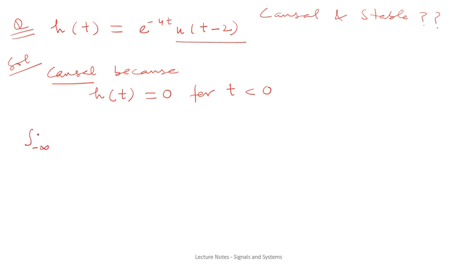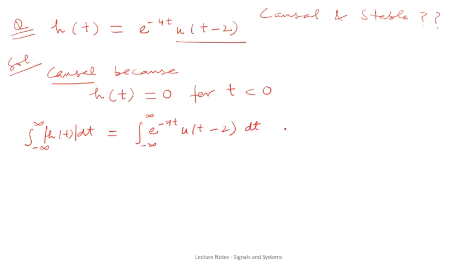Okay, now you have to check for the stability. So for stability, you have to calculate the integral of h(t) dt, and that must be finite. So you write this e raised to the power minus 4t u(t minus 2) dt.